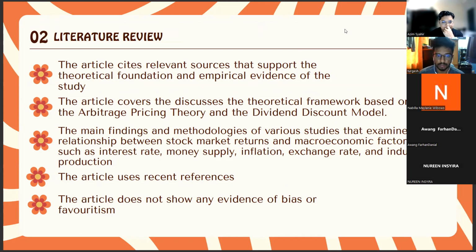It covers the main findings and methodology of various studies that examine the relationship between stock market returns and macroeconomic factors such as interest rate, money supplies, inflation, exchange rate, and industrial production. And this article uses recent references, and the article does not show any evidence of bias or favoritism.